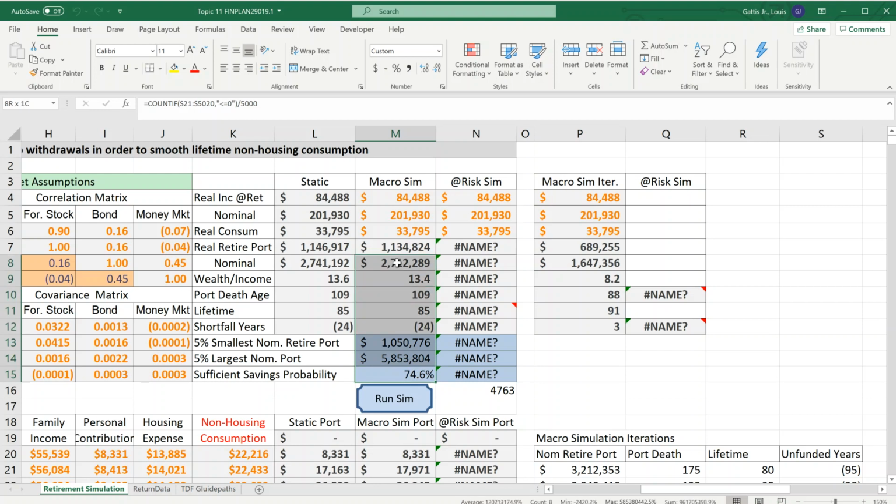So this is the idea of a probabilistic or stochastic model that allows you to look at not just what's expected to happen, but what could happen. And then you can change some assumptions and see what happens to that probability. 75% is almost as good as it gets. This is a pretty good plan, saving 50% of your income all your life and investing it in a target date fund.